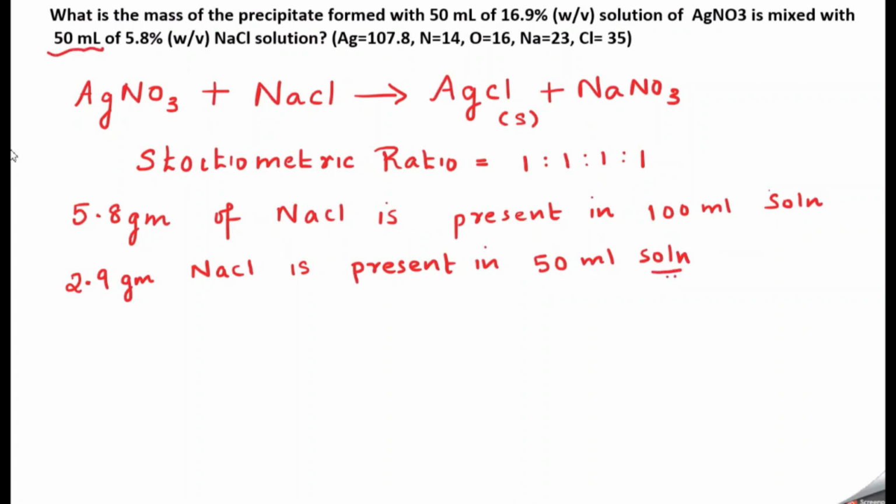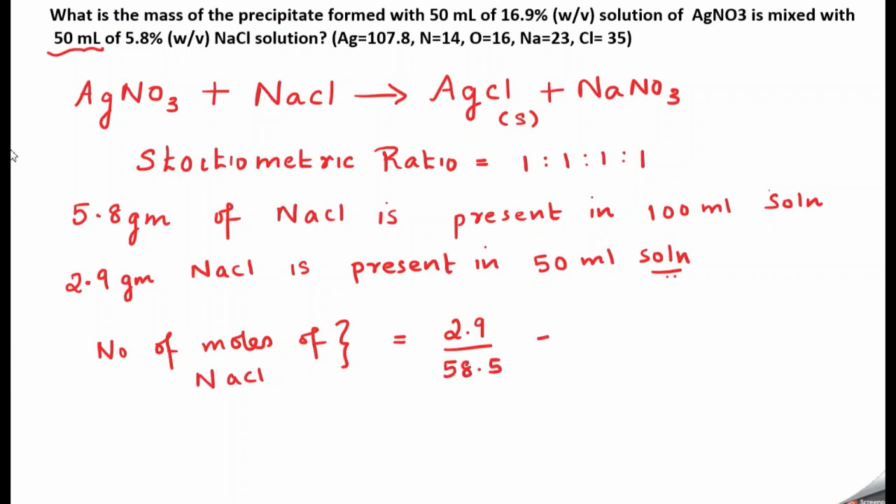Now tell me the number of moles of NaCl. Number of moles of NaCl is equal to weight in gram, which is 2.9, divided by the molecular mass of NaCl, 58.5.